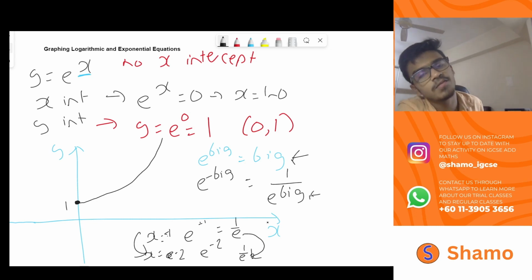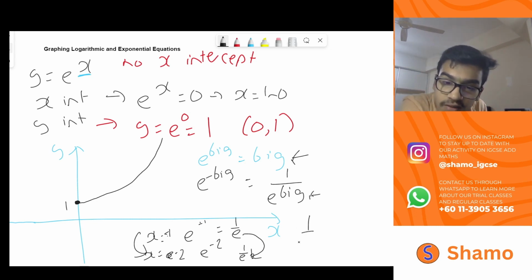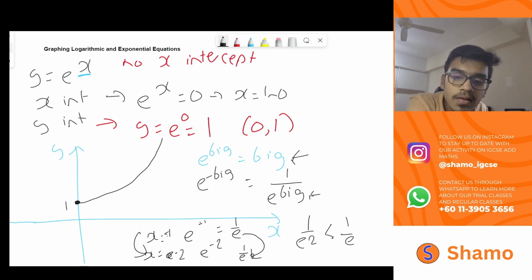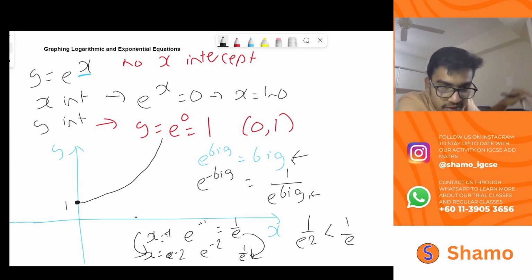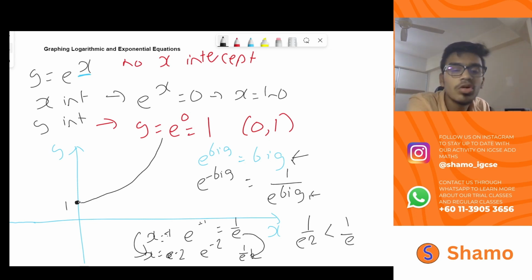So 1 over e became 1 over e square. And what is larger? 1 over e square is larger, or 1 over e? 1 over e, right? So as x goes more and more to the negative side, the graph becomes smaller and smaller.